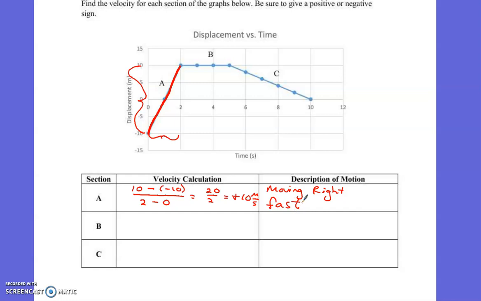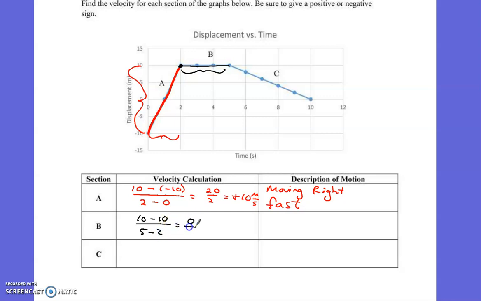To calculate for part B, that is this section here, again we do the rise over the run. Now the rise part, how high it went from 10 to 10. And the run part, how far over it went from 2 to 5.